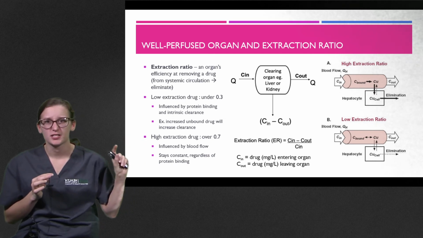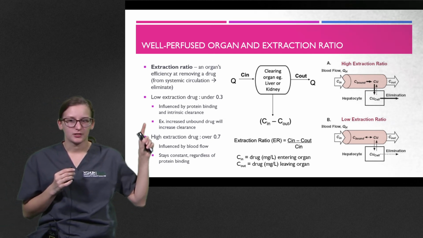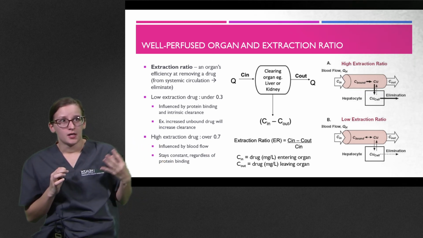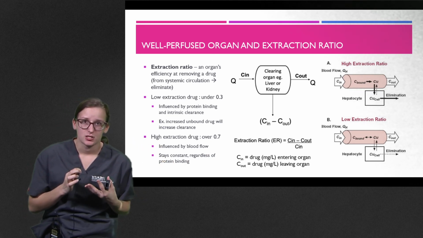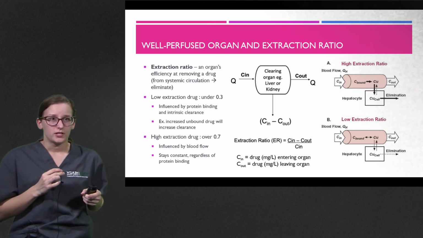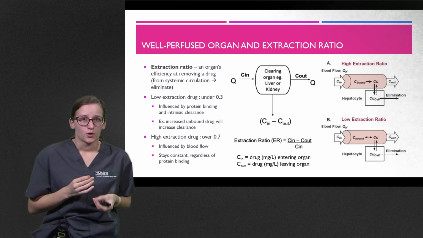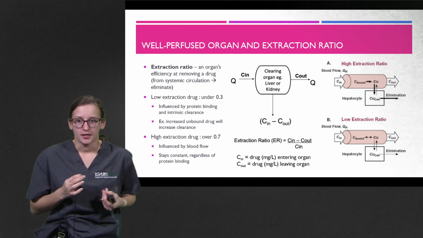And then medium, you don't need to know the middle between 0.3 and 0.7. It gets complicated because it's not purely perfusion rate or protein binding or intrinsic clearance that determines the elimination of a drug. It's all of them. We just make generalizations like, oh, protein binding changes, therefore we're going to increase or decrease clearance, etc.